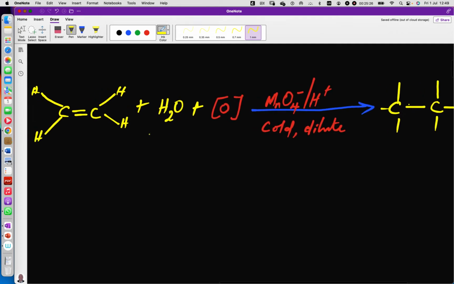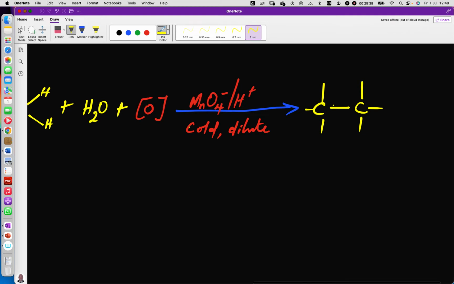Okay. We have 2 hydrogens, and we have 1 oxygen, and the other one, 2 oxygen. So 2 hydrogen and 2 oxygen, all of them are going to give us 2 OH groups. So these are going to be the OH groups here.